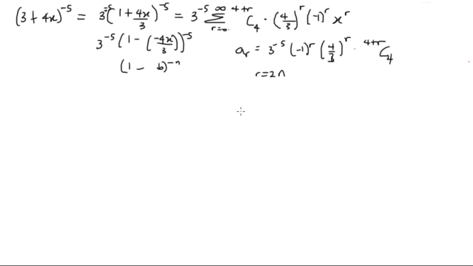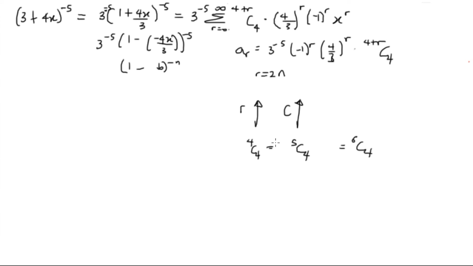As r increases, the combination will also increase, always. If r is 0, then I will have 4 combination 4. If r is 1, then I should have 5 combination 4. If r is 2, then I should have 6 combination 4.